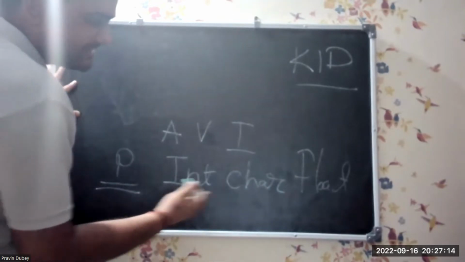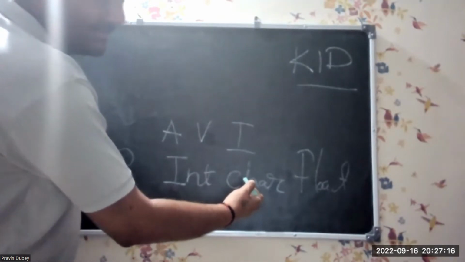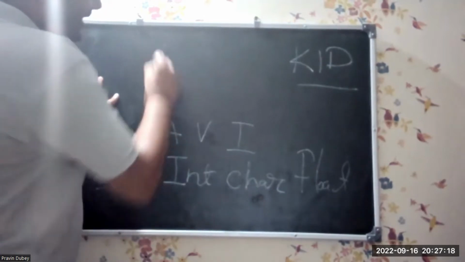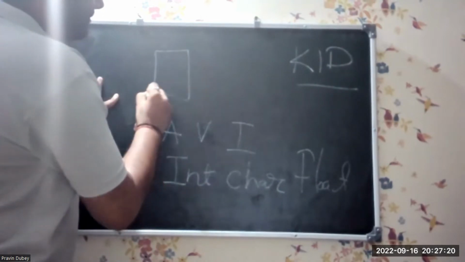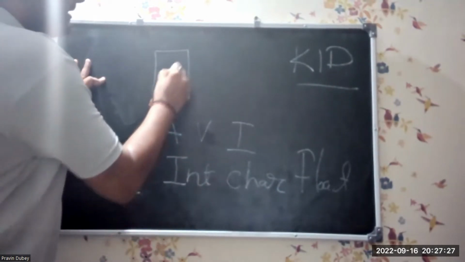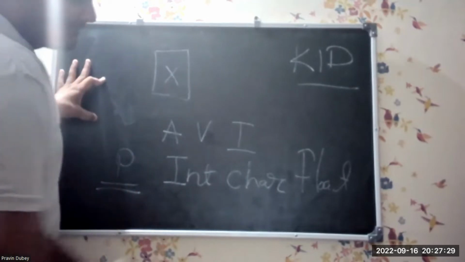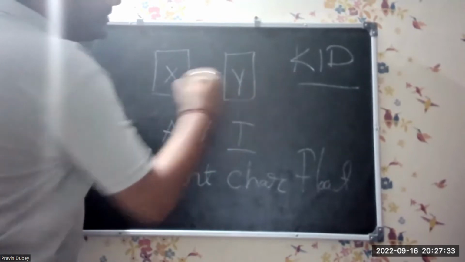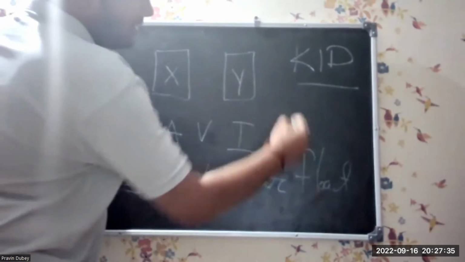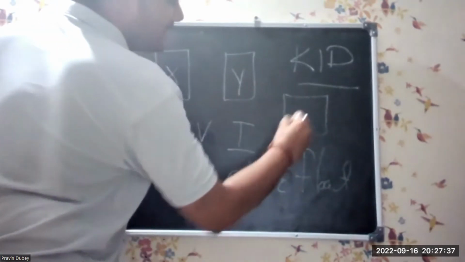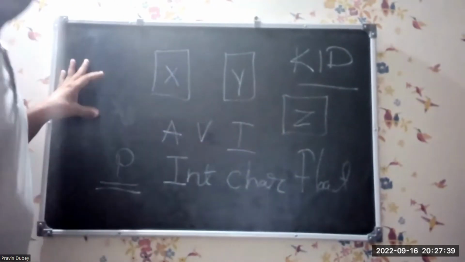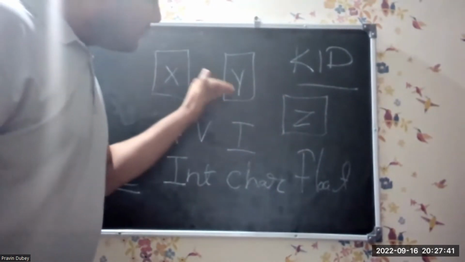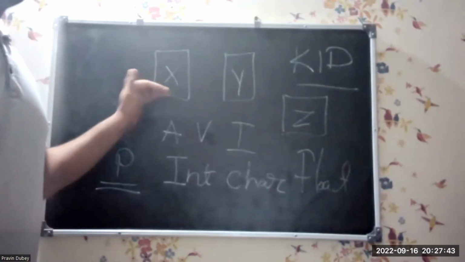Now obviously these are three different types of data, right? So they cannot fit into the same room. Similarly, int might need X amount of space, character might need Y amount of space, and float might need Z amount of space. Now, what is this space we are talking about?